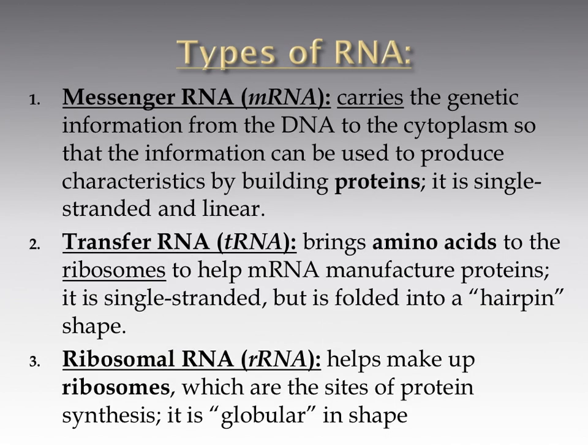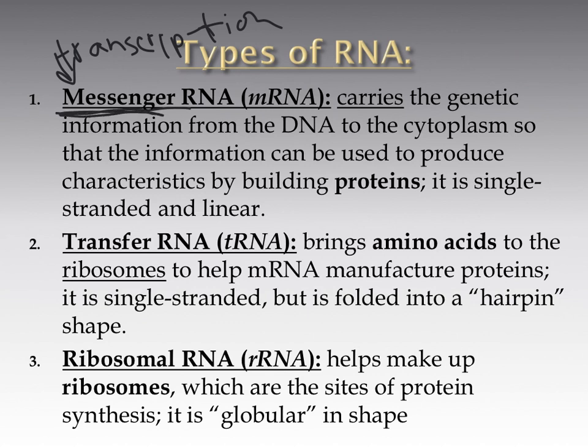There are 3 types of RNA. The first one, messenger RNA, is the one that is made in the process of transcription. The process of transcription means that you're taking the message from DNA and you're making a messenger RNA.